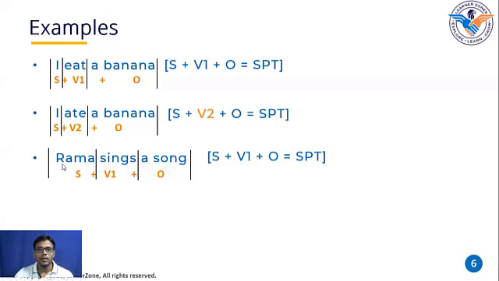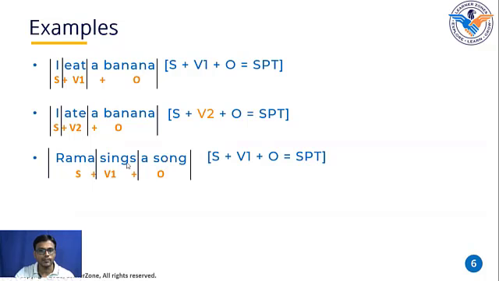Since it's in the simple present tense, we remember the rule that we have to add s or es in front of the verb, according to what letter it is ending with. If it ends with vowels, we add es. If it ends with consonants, we add s in front of he, she, it. So you already remember this.